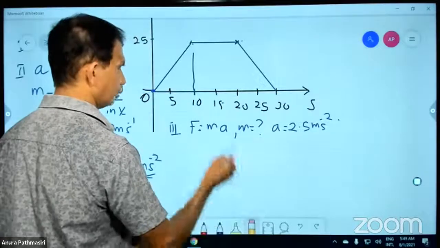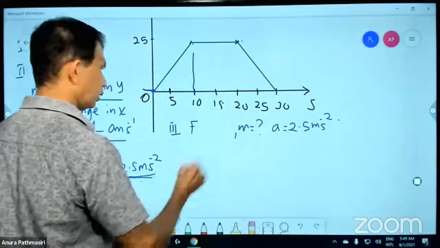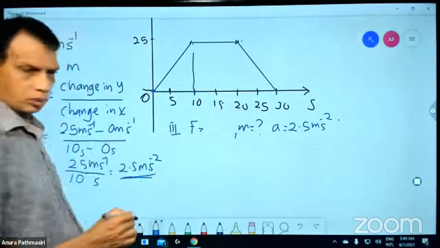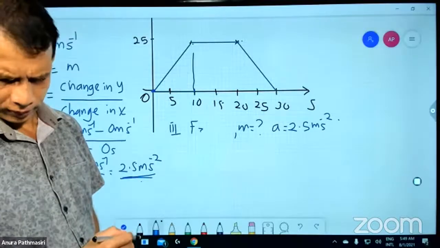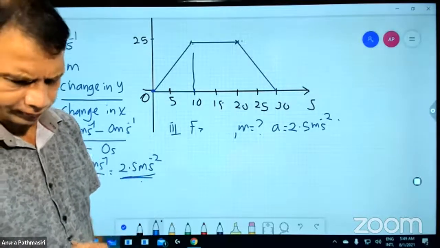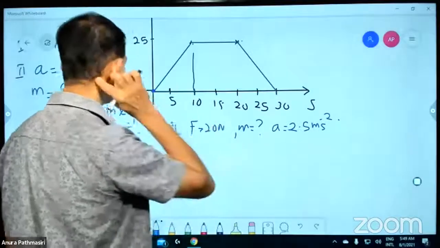F also we know: what is the force applied? 20 Newton force.